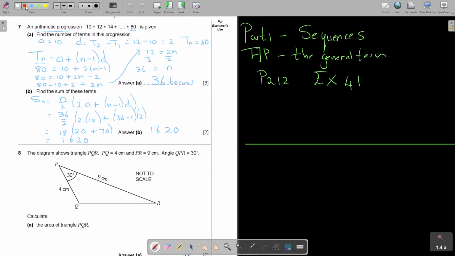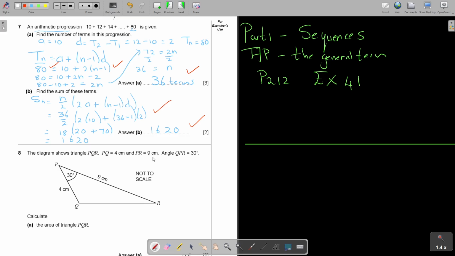Basically what they said in that question, they gave a mark for the 36, and if you substitute it there correctly, they would have given you another mark. And then it's almost for the 2 sides, if you substitute in this side and put the 80 there in the correct position. And this one was also for the substitution and then the final mark.